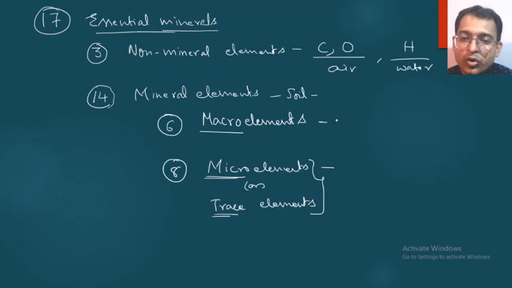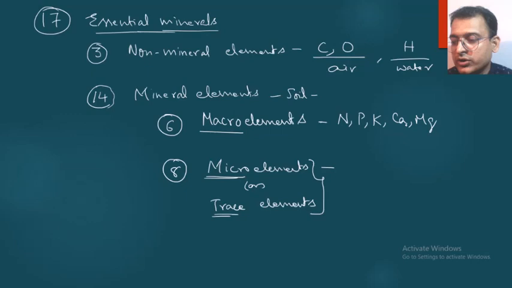So the 6 macro elements are nitrogen, phosphorus, potassium, calcium, magnesium and sulfur. These 6 elements are known as macro elements because they are required in large quantities. Whereas micro elements are required in very small amounts, as trace elements.